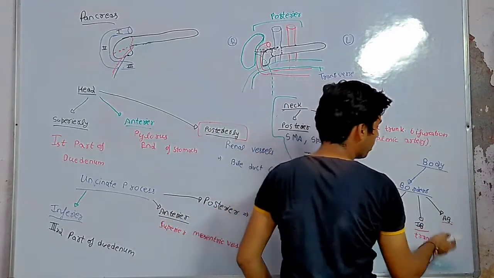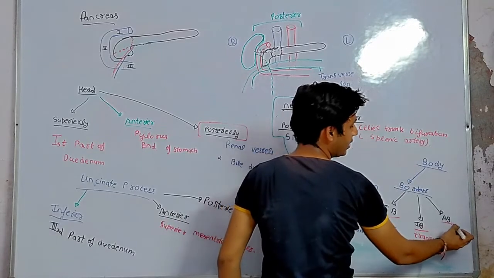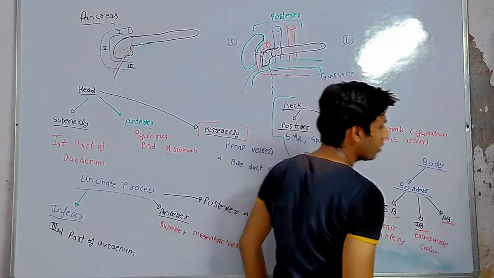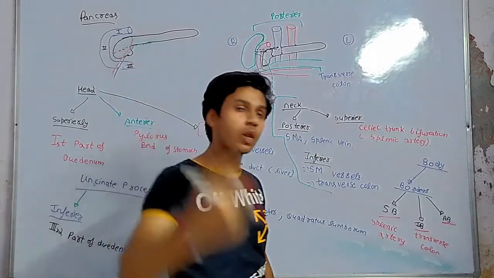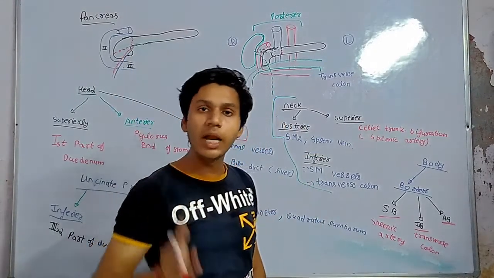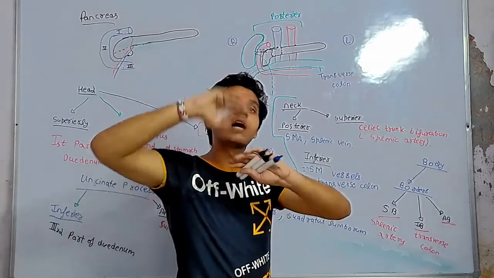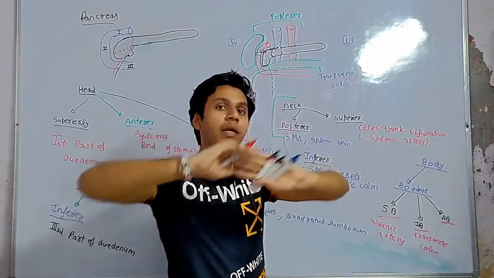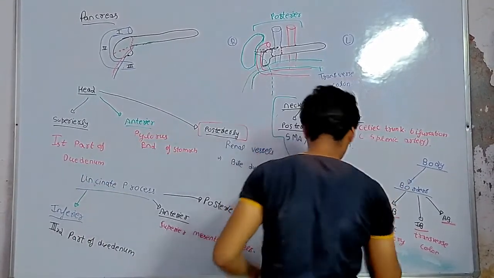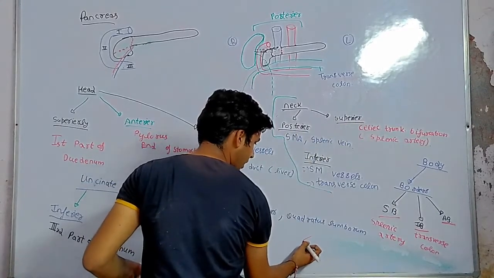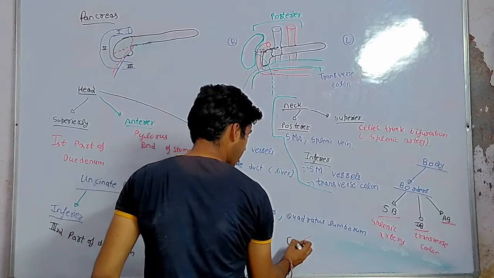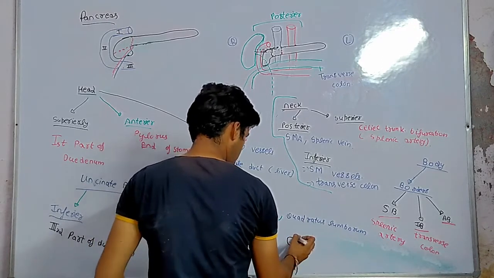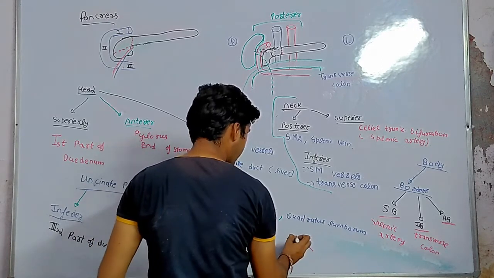The anterior border of the pancreas has the mesenteric connections of the transverse colon. Remember, the transverse colon is an intraperitoneal organ, so it is covered by peritoneum attached to the anterior border of the pancreas, like this. Let's say this is the pancreas anterior border. This is the transverse colon. So its mesentery goes like this.